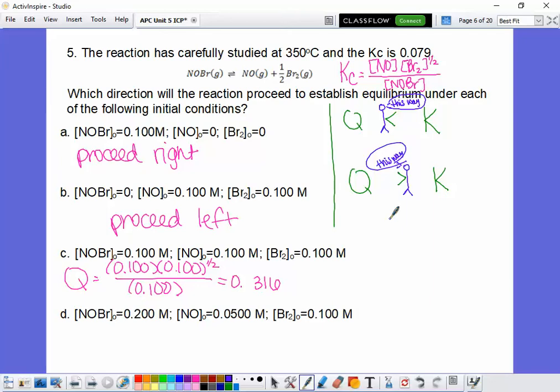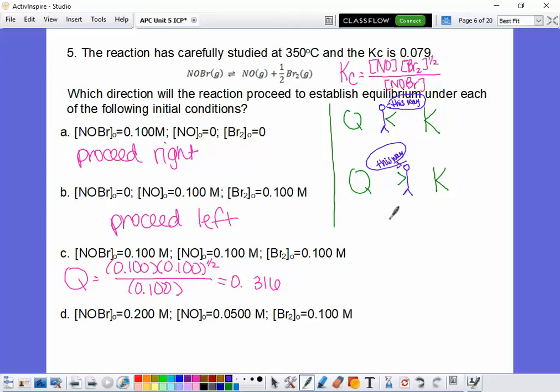When Q is greater than K, like in the case for letter C, we want to decrease that value to make it meet where K is, because K is not going to change. Q can, because as you reach equilibrium, Q becomes K. So in order to decrease Q, we have to increase the denominator, or the reactants.